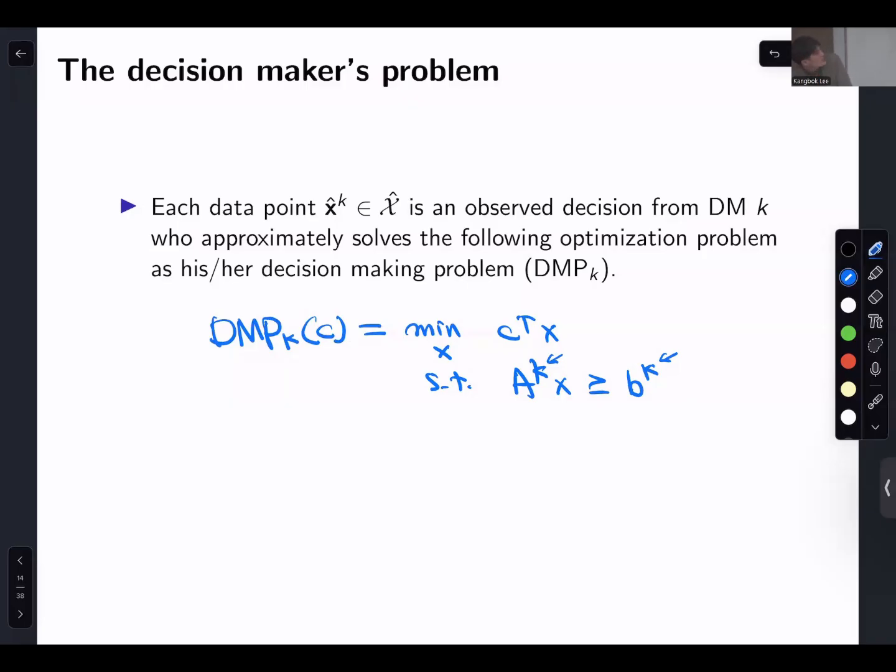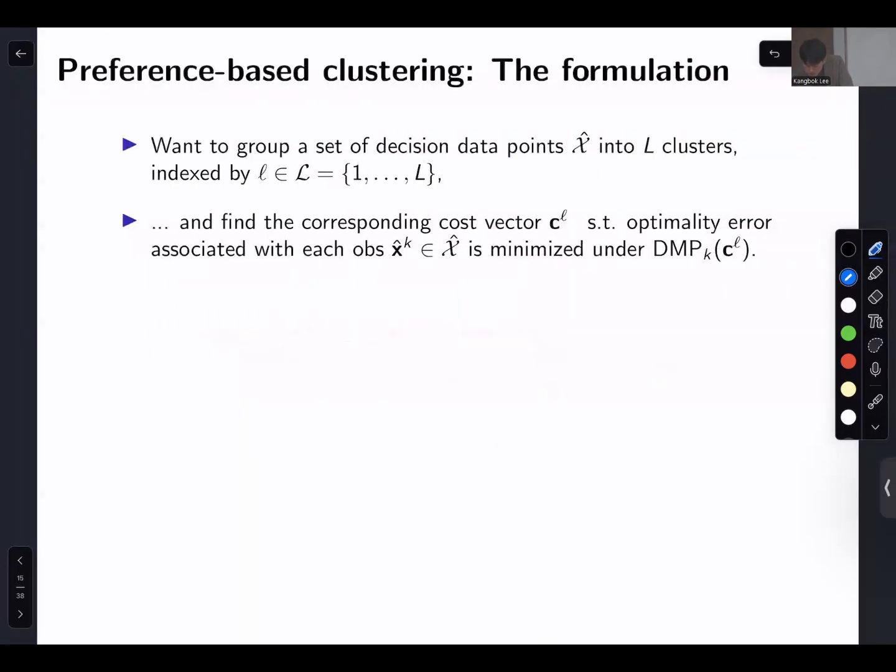Now, given this DMPk, what you want to do is to cluster the decision makers. We want to group a set of decision data points, which I denote by X hat, into L clusters. And let's assume that L is given. We know the specific number of clusters that is desirable.